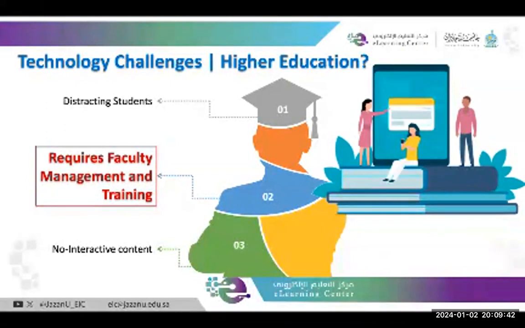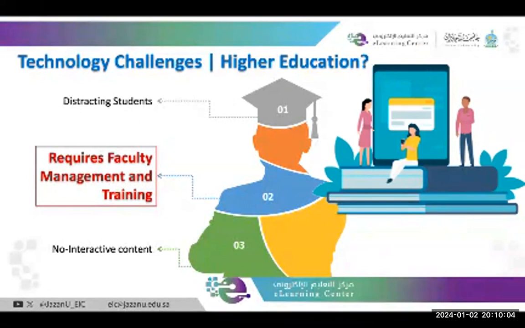So we already discussed that around 42% of the time is spent, wasted and distracted from the students once they have the mobile devices inside the classrooms. However, bans on devices such as smartphones are unlikely to work, as students will certainly get around them.